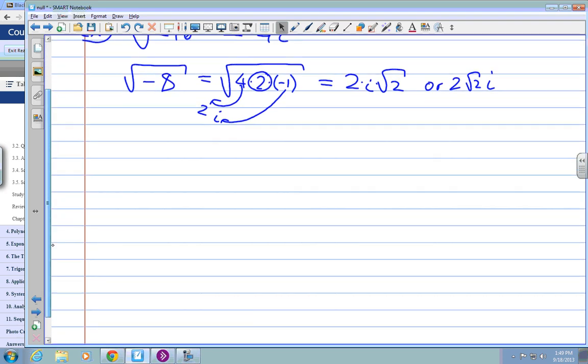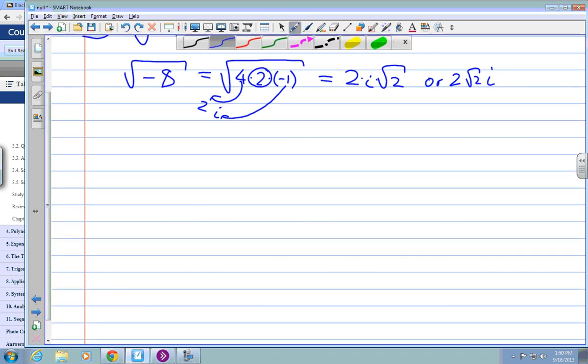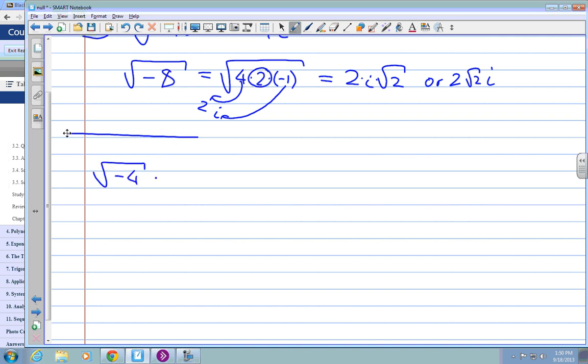Now, when multiplying expressions like that, if you're asked to multiply square root of negative 4 by square root of negative 25, and this is very important, the first thing you have to do is get rid of the negatives under the square roots.